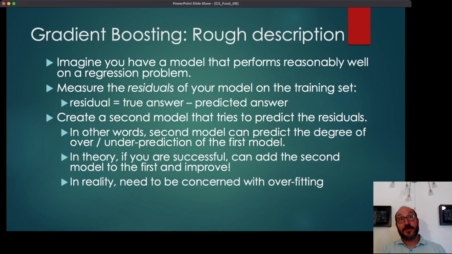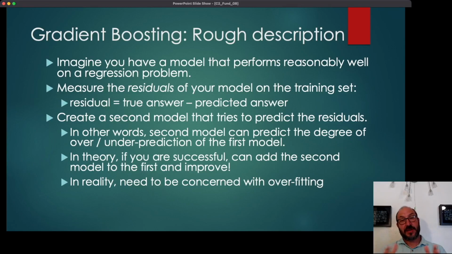Now, in reality, when we do this, we need to be concerned with overfitting, right? Because suppose that our original model is really as good as you can do, and everything else in the residuals is just random noise. When we fit the second model, there's nothing to predict other than noise.